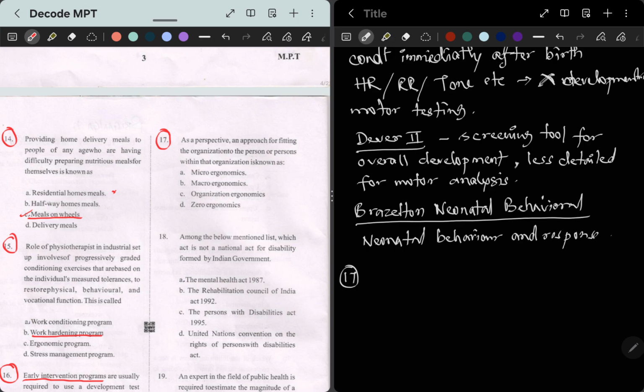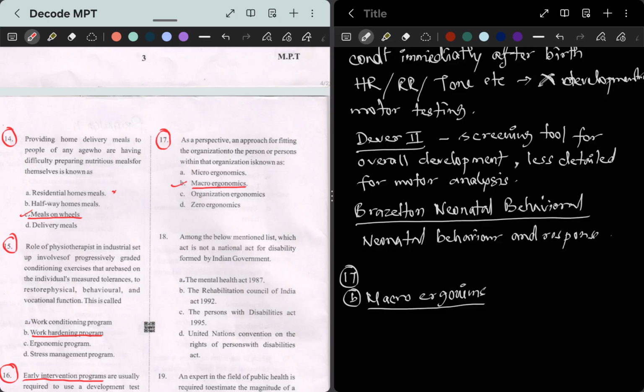That is known as macroergonomics. Normally macroergonomics deals with the organizational structure, work system, socio-technical system fitting within the organization workers.